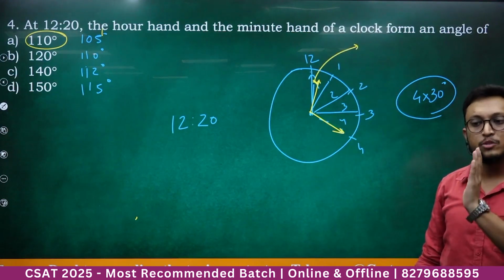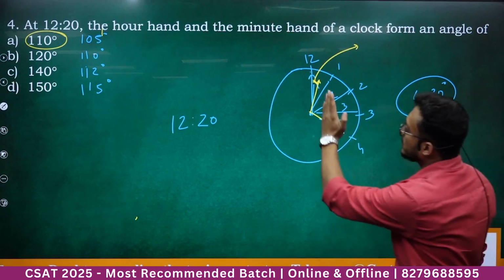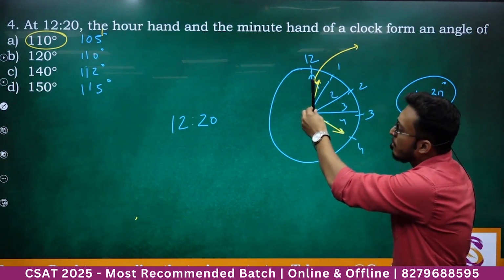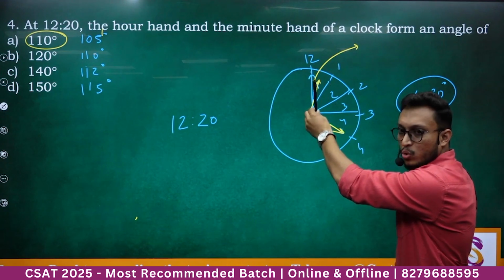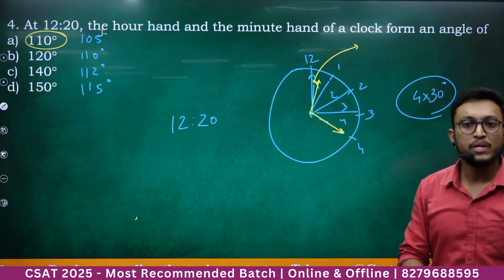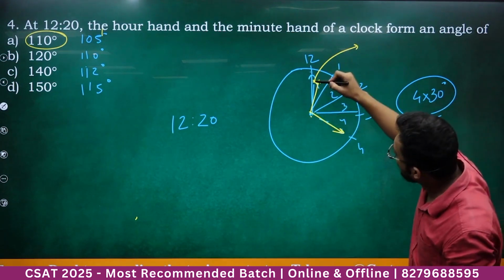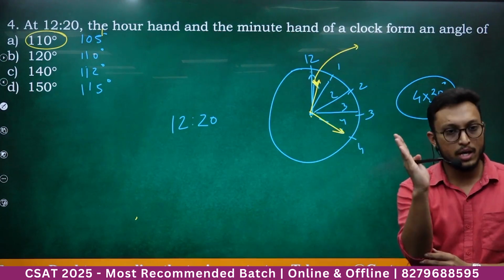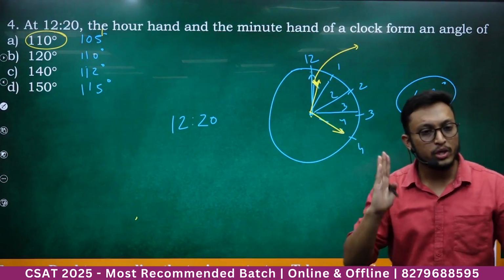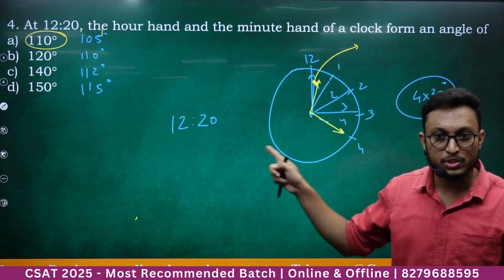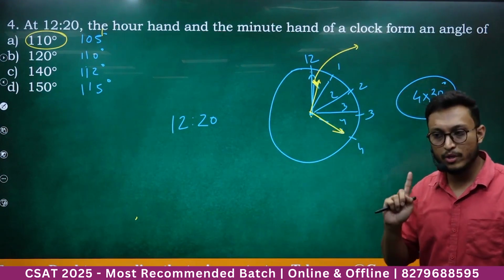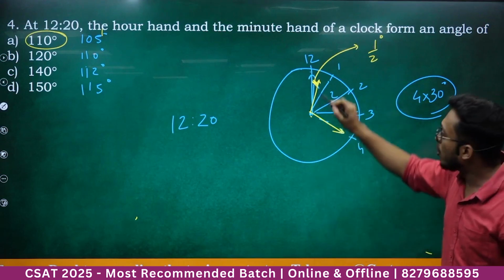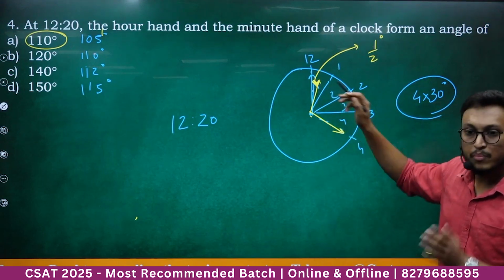It is decreased by that much amount by which this hand, this is the R hand, rotates in 20 minutes. 20 मिनट में R hand जितना रोटेट करेगा वही तो एंगल है ये. 20 मिनट ही तो आगे बढ़ा है ना R hand. R hand rotates with the speed of, अभी करा था पिछले क्वेश्चन में, half degrees per minute. So it will rotate by half degrees per minute for how many minutes? 20 मिनट.